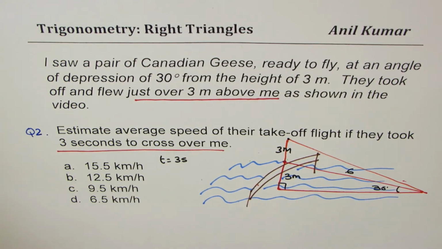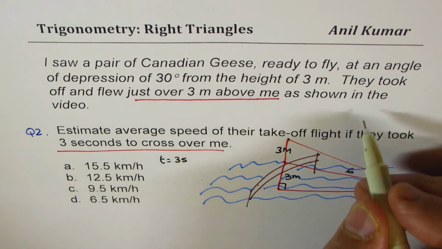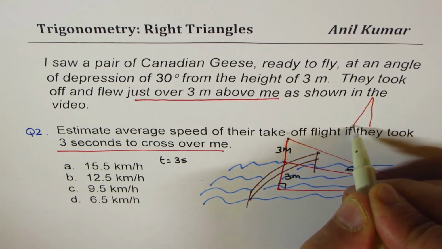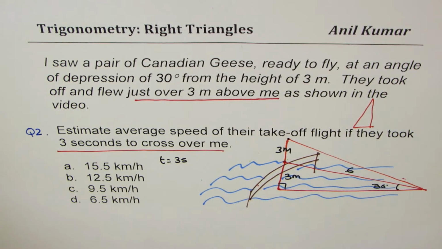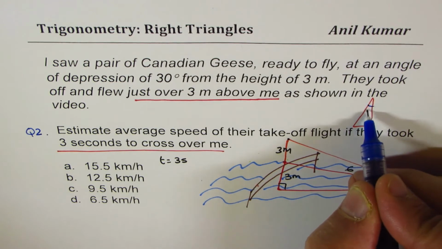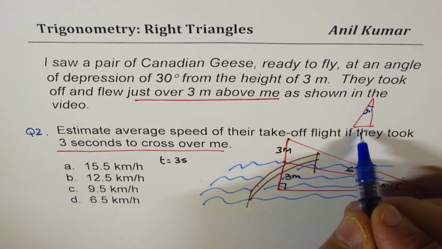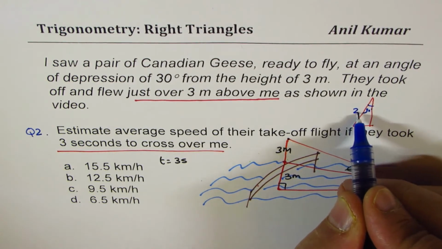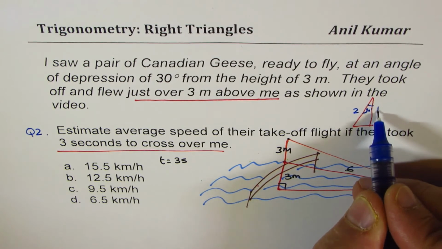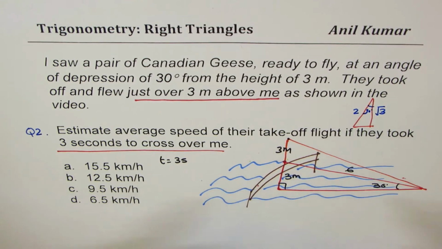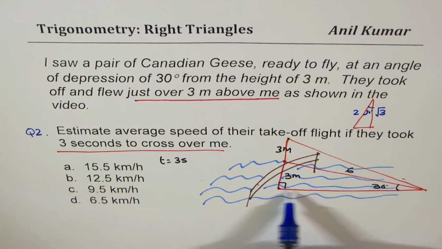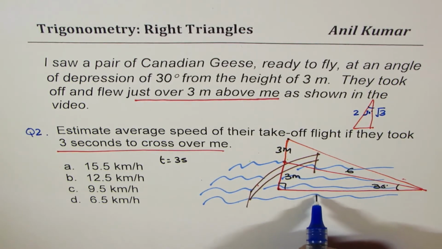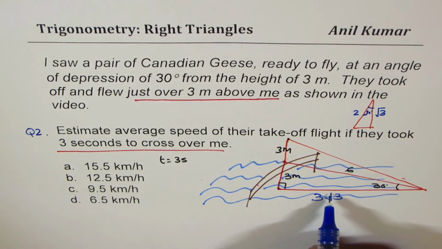Okay. So let's get back to our special triangle once again. When this angle is 30 degrees, at that time opposite side is 1, hypotenuse is 2. What about the adjacent side? It is square root 3 times. So this distance, the base here, will be 3 square root 3, correct?